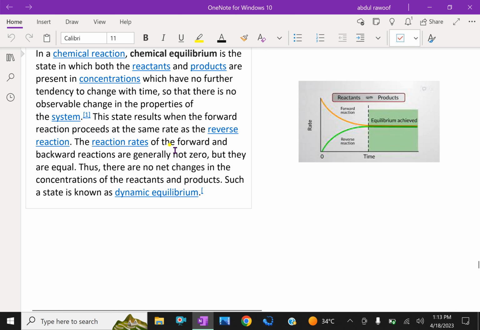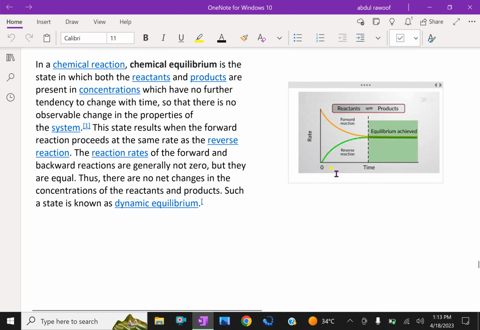The reaction rates of the forward and backward reactions are generally not zero, but they are equal. Thus, there are no net changes in the concentrations of the reactants and products. Such a state is known as dynamic equilibrium. Look at this here: reactant to product and back to reactant. This is chemical equilibrium.